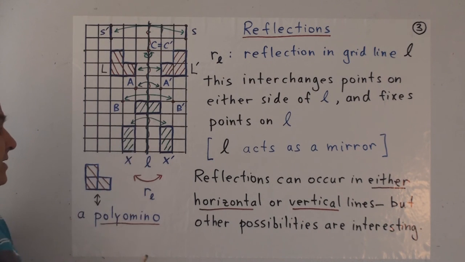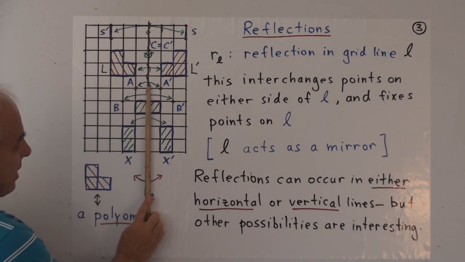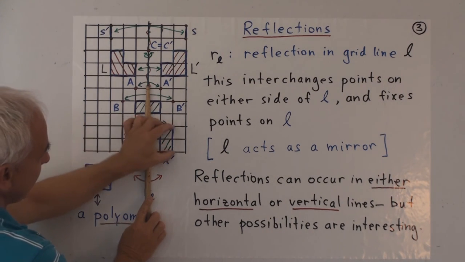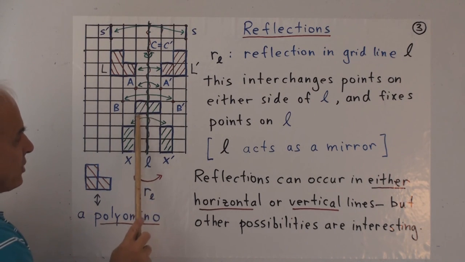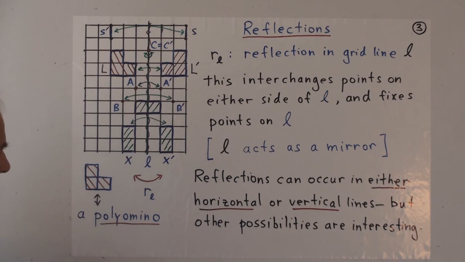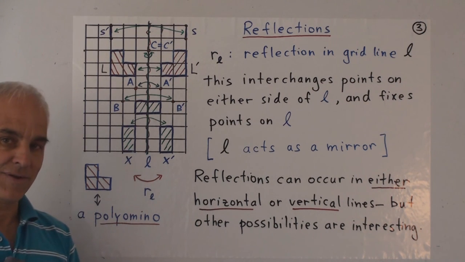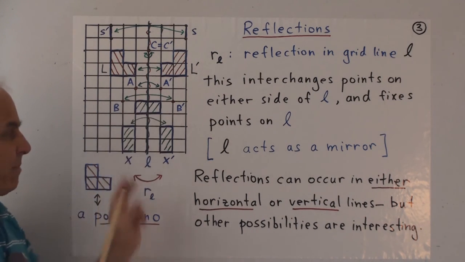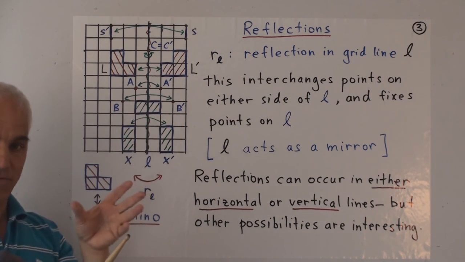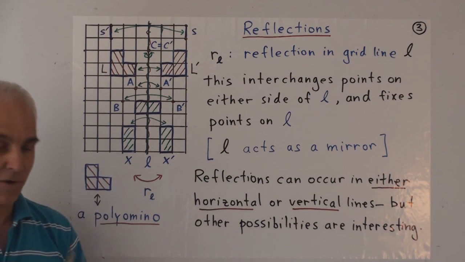Here's a little rectangle X. If we reflect it in L, we get the rectangle X prime. This rectangle right here has the property that when you reflect it, it stays where it is. It doesn't change. The corners will reverse, but the actual rectangle itself, the total rectangle, stays where it is.